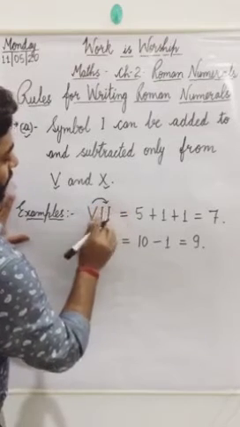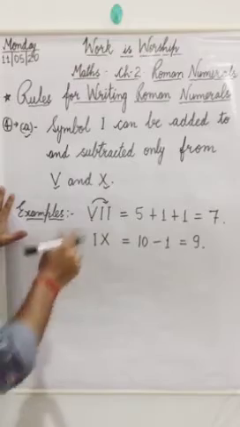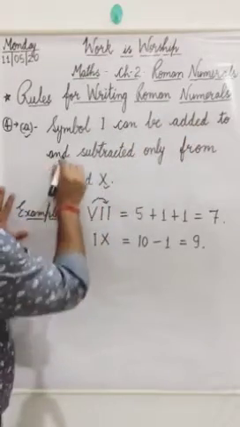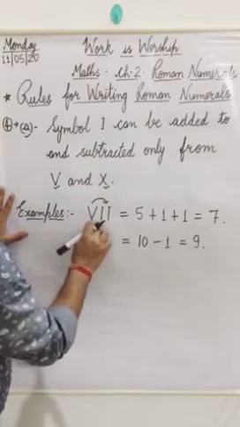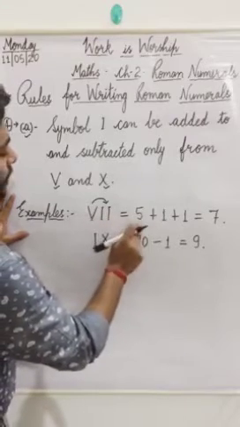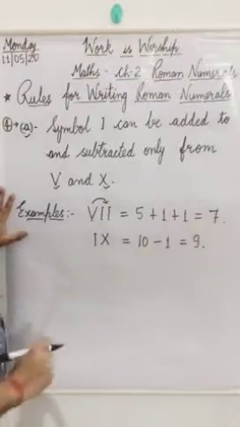OK, now let us understand with the help of an example. Suppose that here is V which is 5 and on its right side I and I, which is 1 and 1. So according to the rule, symbol I can be added to and subtracted only from V and X. So here is V and here is symbol I and I which is added to 5. So 5 plus 1 plus 1 is equal to 7.